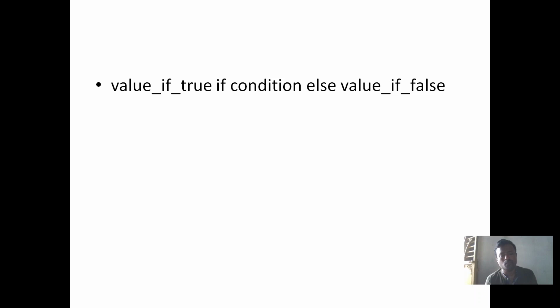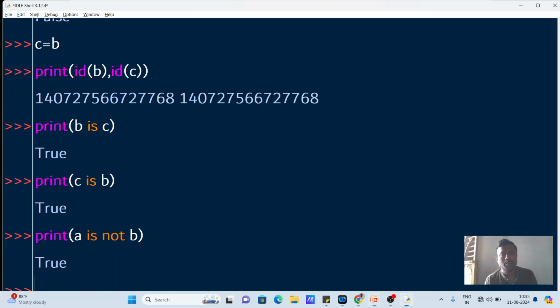Now let us see practically. a equal to positive if 2 greater than 0, else negative. Now let us see what is held by a. This is the conditional operator.